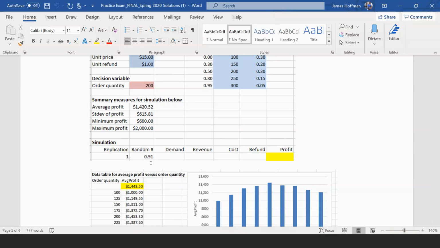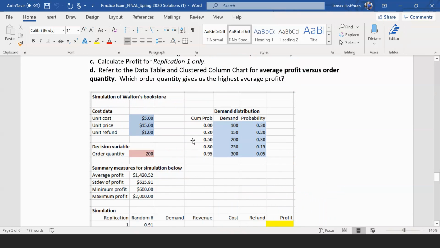So Excel would find 0.91, and see 0.91 is in between these two numbers, 0.8 and 0.95. And so that means that if the random number is within this range, right, if it's 0.8 to 0.95, that gives you the demand of 250.